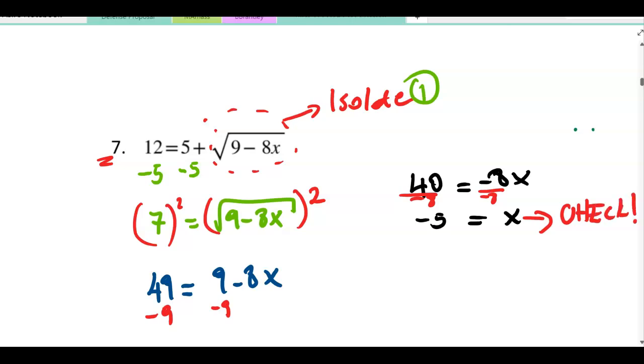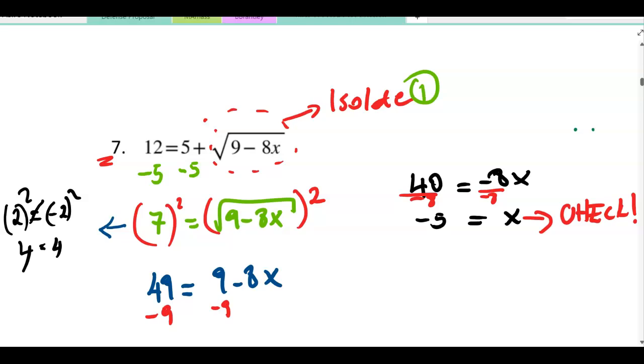Because we're making a huge assumption here: if the numbers are equal, their squares should be equal. If this equation holds, then their squares will be equal. Well, that's not always the case. For instance, 2 is not equal to negative 2, but if we take the squares of both sides, that will give us 4. So that's why we're checking if it makes sense.